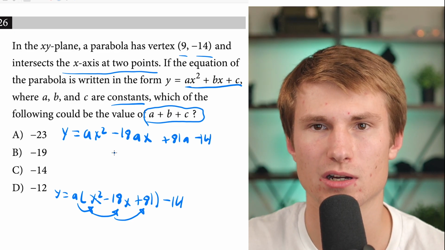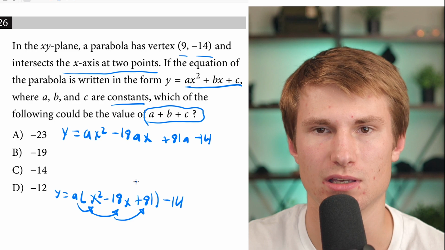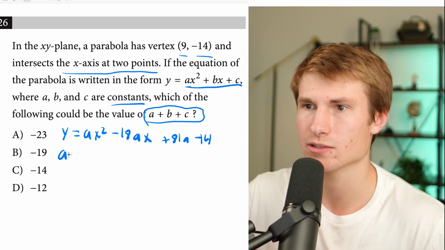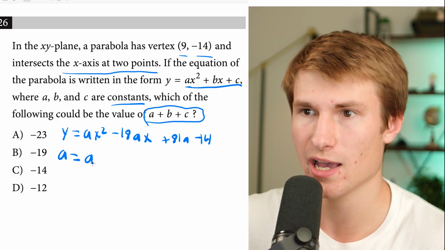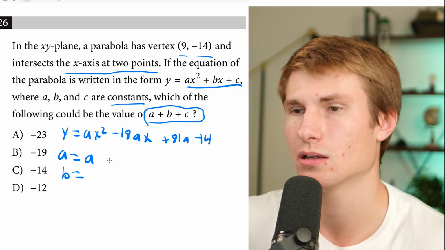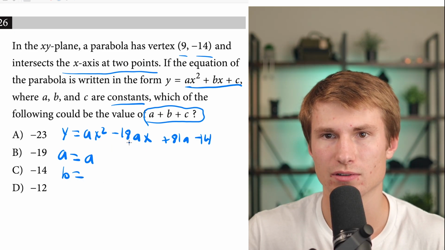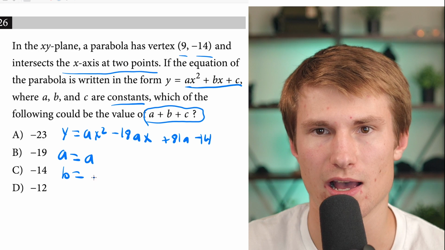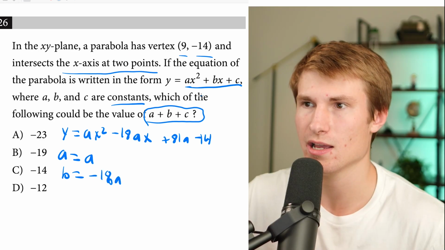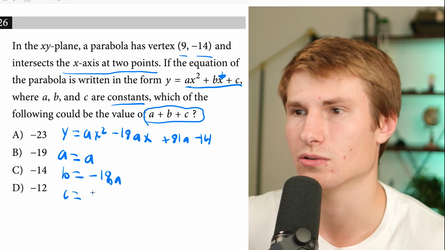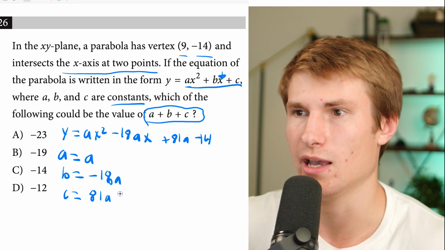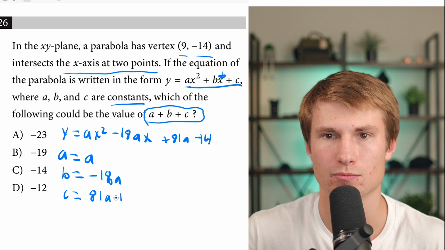All right, so now from here, what I'm going to look to do is get the values of a, b, and c. So let's start with a. We know that a is going to equal just a. It is what it is. Now b is going to equal this value of negative 18ax, or negative 18a, since that x is included right here. Our c value is going to equal 81a minus 14.